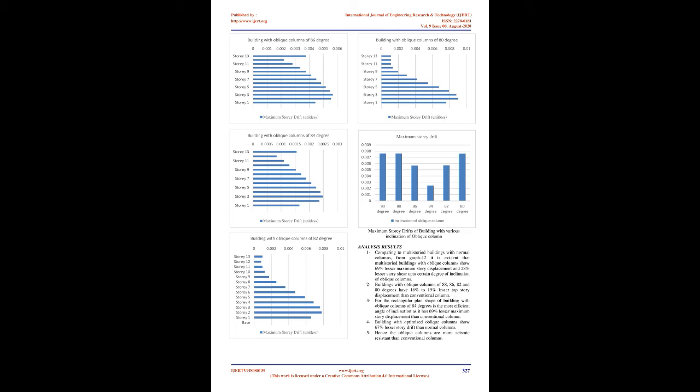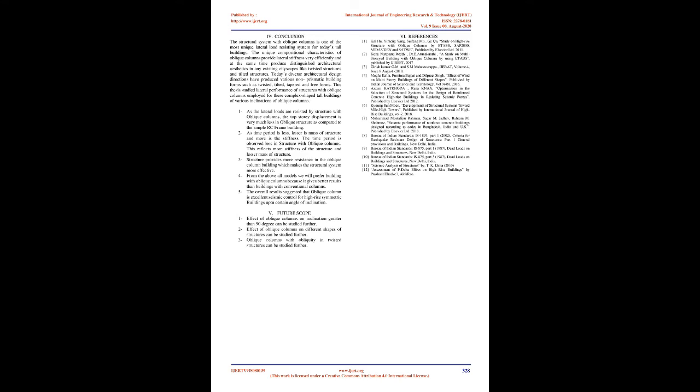Analysis results. 1. Compared to multistoried buildings with normal columns, from graph 12 it is evident that multistoried buildings with oblique columns show 69% lesser maximum storey displacement and 28% lesser storey shear up to a certain degree of inclination of oblique columns. 2. Buildings with oblique columns of 88, 86, 82, and 80 degrees have 16% to 19% lesser top storey displacement than conventional columns. 3.